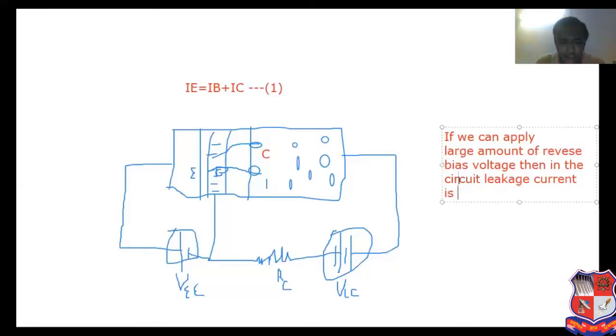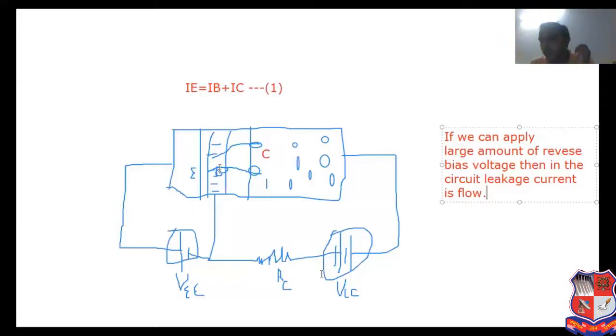Leakage current means what? Current flow due to the holes present in the collector and the electrons present in the base. If we apply a large amount of reverse bias, the holes present in the collector combine with the electrons present in the base.